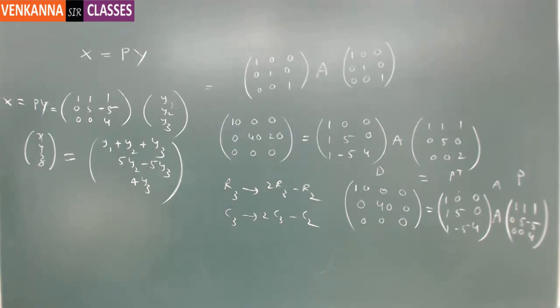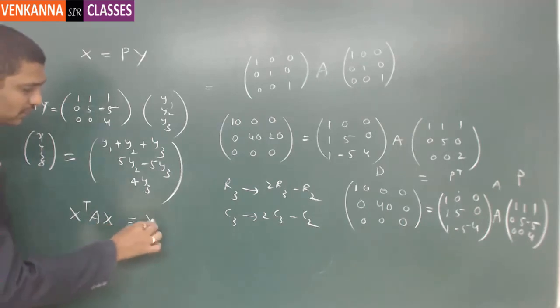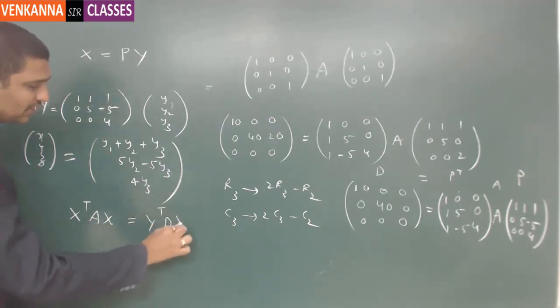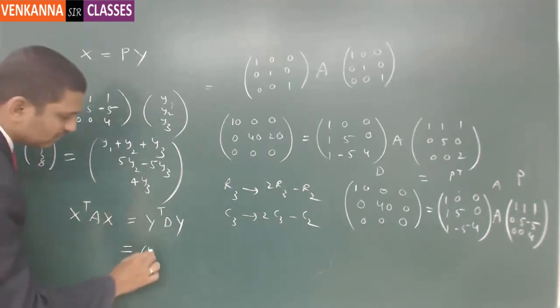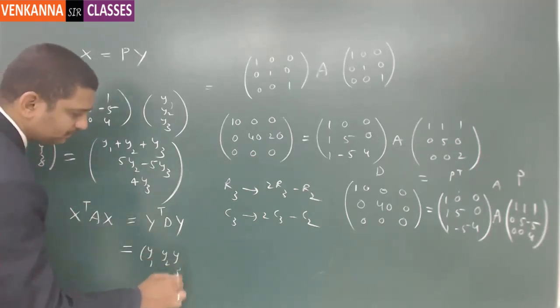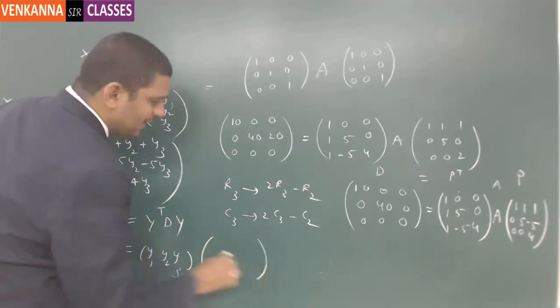And what will be the given quadratic form? Every quadratic form can be represented as x transpose ax, which is equivalent to y transpose dy. So y transpose is nothing but y1, y2, y3. D is our diagonal matrix.